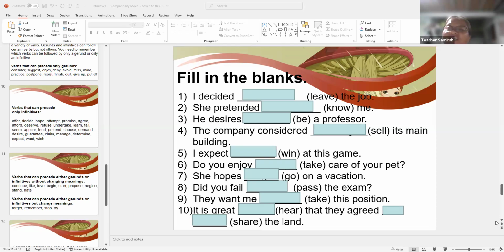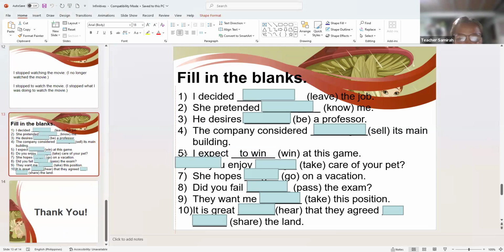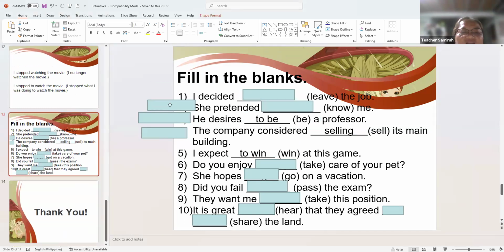So we need to finish this one, okay? Just bear with me for a few minutes. So number 7, she hopes blank on a vacation. So what will be our answer? Okay, these are the answers. I almost forgot to open it. So we are correct about that one, right?